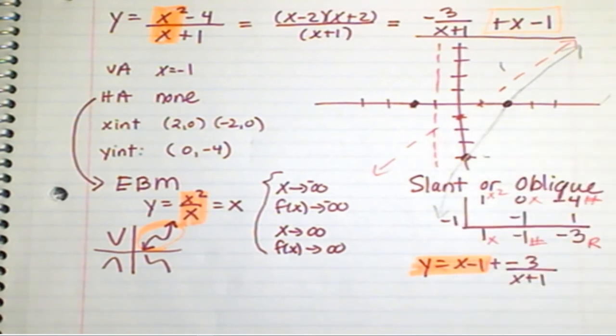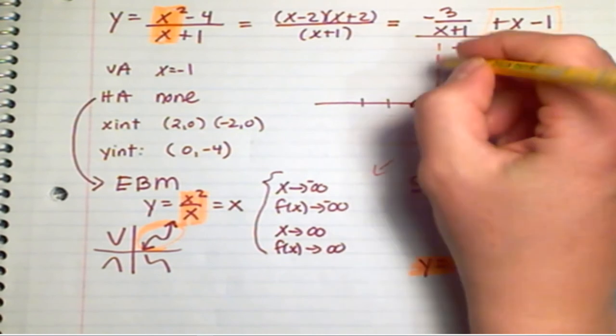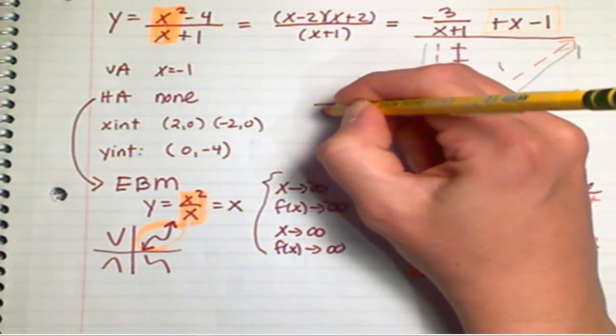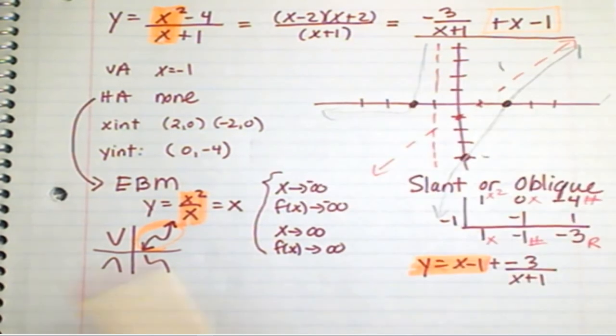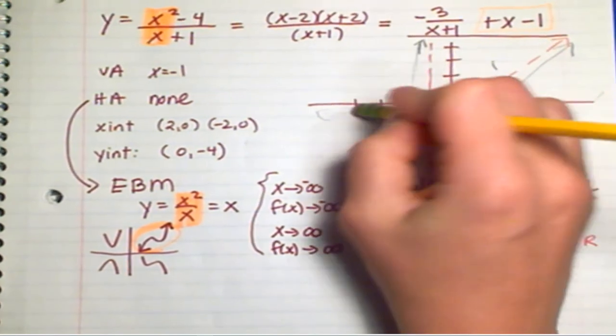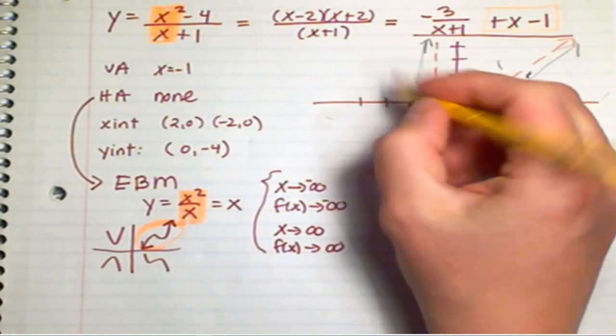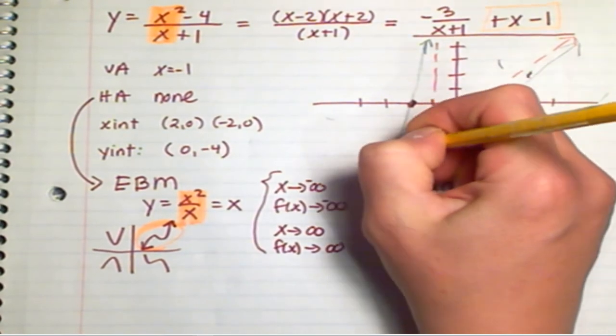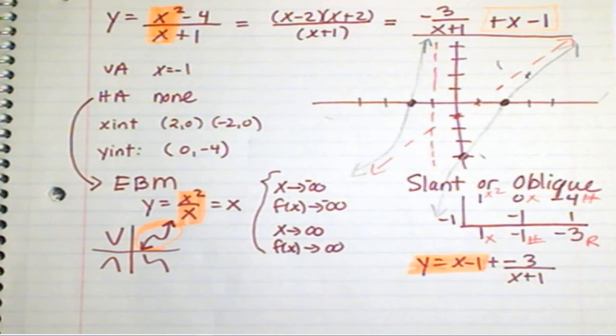All right. So now we have this other part. So if you're thinking of your parent function, you're thinking about this shape here. But what happens is it's going to expand and follow the asymptotes for the guideline.